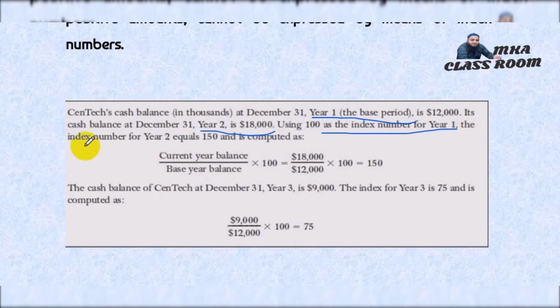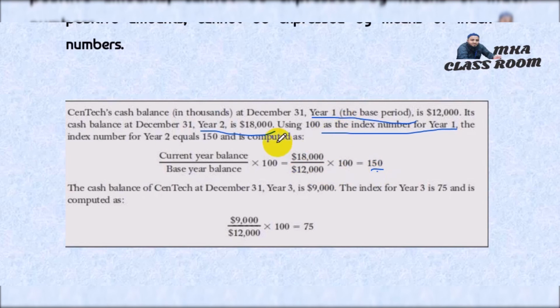The index number for year 2 equals 150 as a computed result. So current year balance is 18,000, and base year balance 12,000 into 100, that is 150.